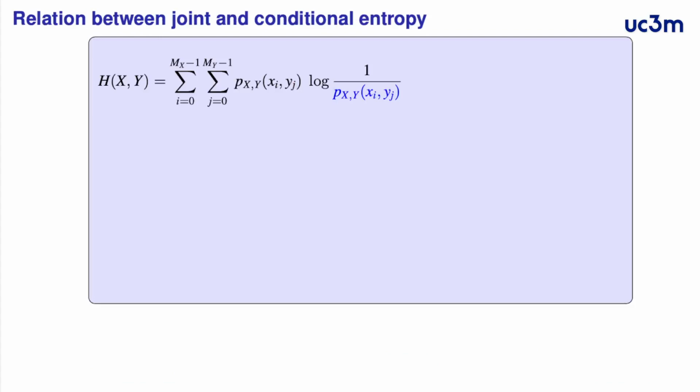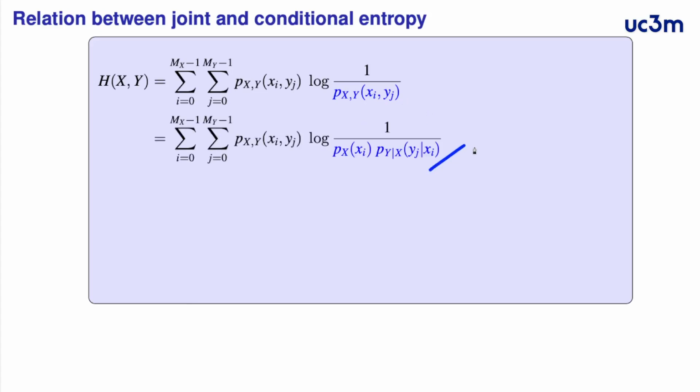Finally, we will see that there is a very close relationship between the joint and the conditional entropies. If now here we write the expression for the joint entropy between x and y, and now we take into account that what we have in the argument of the logarithm can be rewritten as a product between the marginal probability of x and the conditional probability of y given x using the Bayes rule.